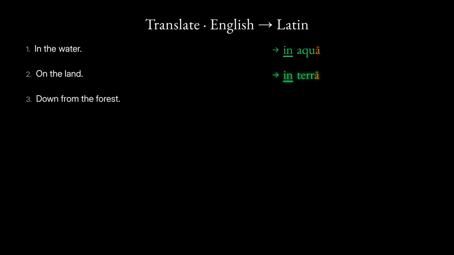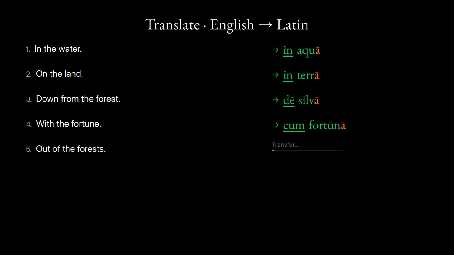Choose the right preposition and ablative form. In the water. In aqua. On the land. In terra. Down from the forest. De silva. With the fortune. Cum fortuna. Out of the forests.